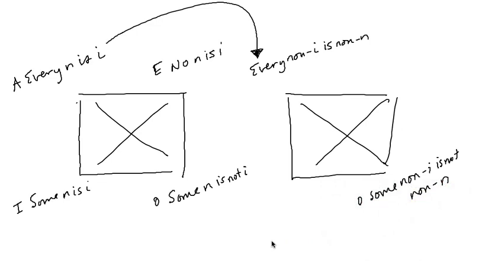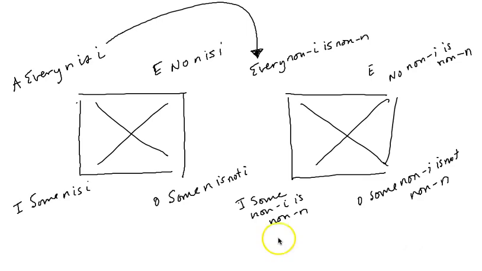The contrary E statement, no non-I is non-N, and the I statement, some non-I is non-N. Okay, so now we have the original square filled out, the full contrapositive filled out for these statements here.